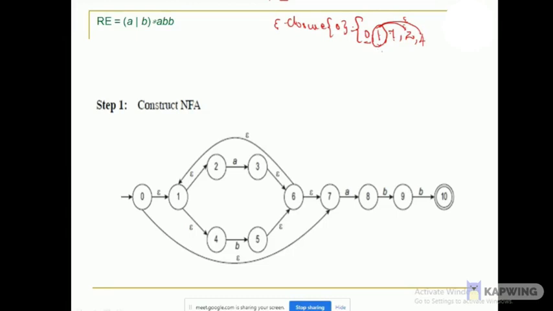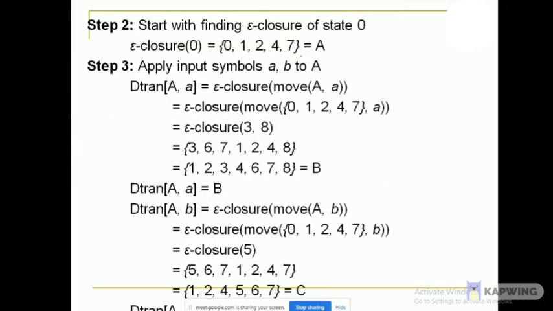There are no more transitions from 1 on epsilon. Now let's come to 7. Is there any transition from 7 on epsilon? No. From 2? No. From 4? No. So let's complete this: 0, 1, 2, 4, 7 is the epsilon closure for 0.